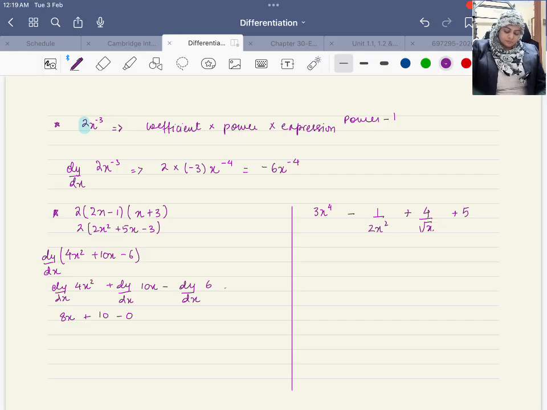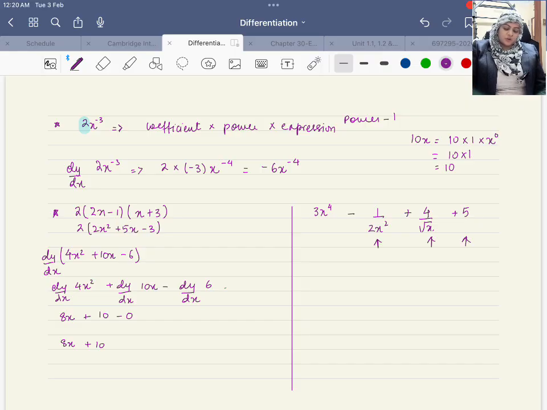Why 10? 10x is equals to, we let the coefficient stay as it is, power 1 into x power 0. 1 minus 1 is equals to 10 multiplied by 1 or 10. Right? Okay. For this one, so ultimately 8x plus 10. This is the differential.